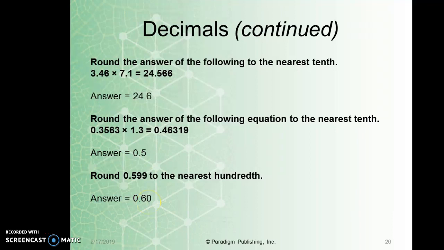We usually don't like to do this in mathematics where we have a 0 at the end after the decimal, because you might miss that decimal and not see that 0, so this becomes a 60.